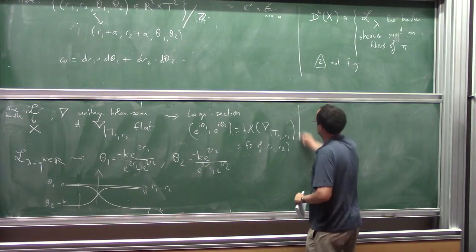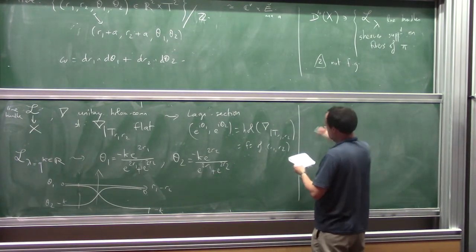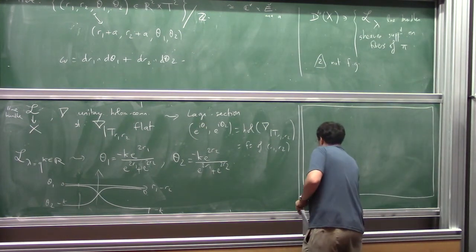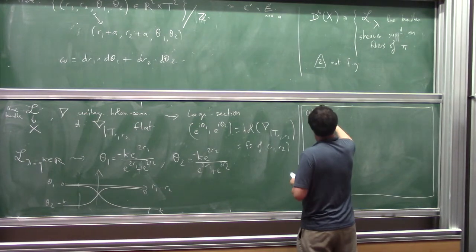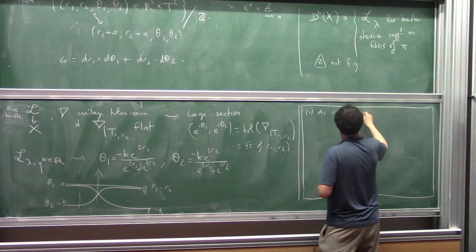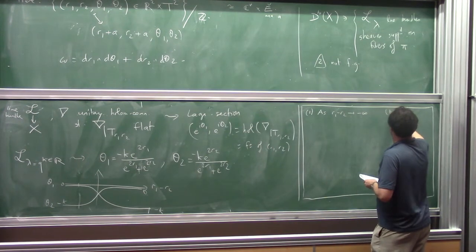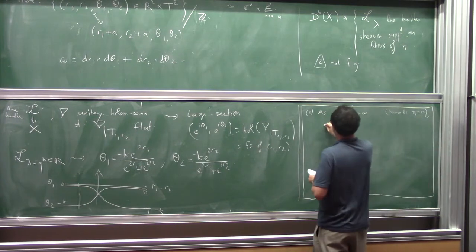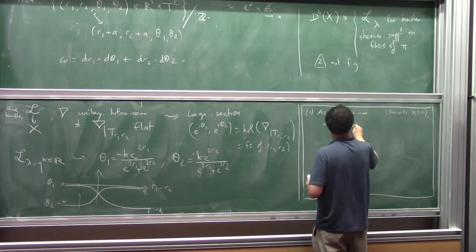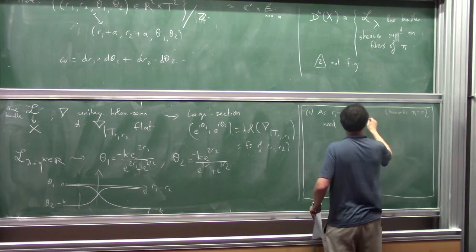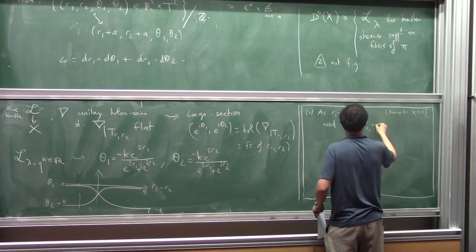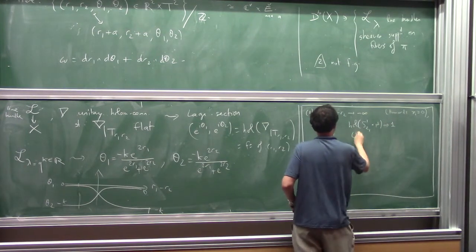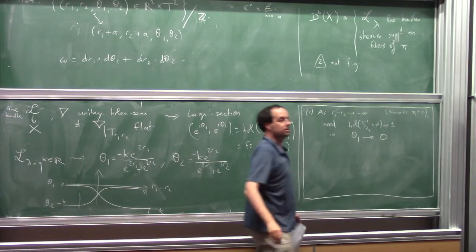So the rule is basically here. As R1 minus R2 goes to minus infinity, which corresponds to going towards Z1 equals 0, we need the holonomy along the S1 that collapses, so the S1 corresponding to the Z1 factor, to be converging to 1, which means theta 1 goes to 0.